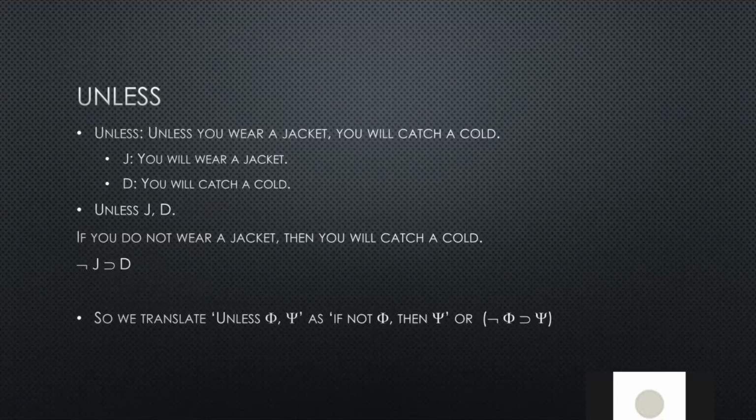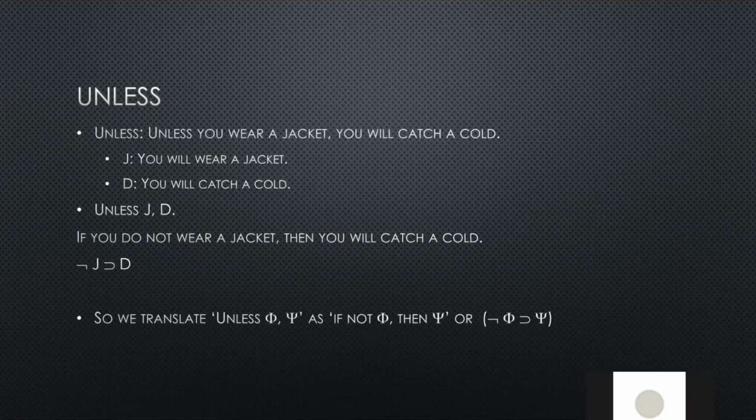So essentially what we're saying here, and we can see this from thinking about the sentence, is that there's a kind of consequential effect to not wearing a jacket, right? If you don't wear a jacket, it looks like, then you will catch a cold. So unless is going to symbolize the if it's not the case, then operation, okay?